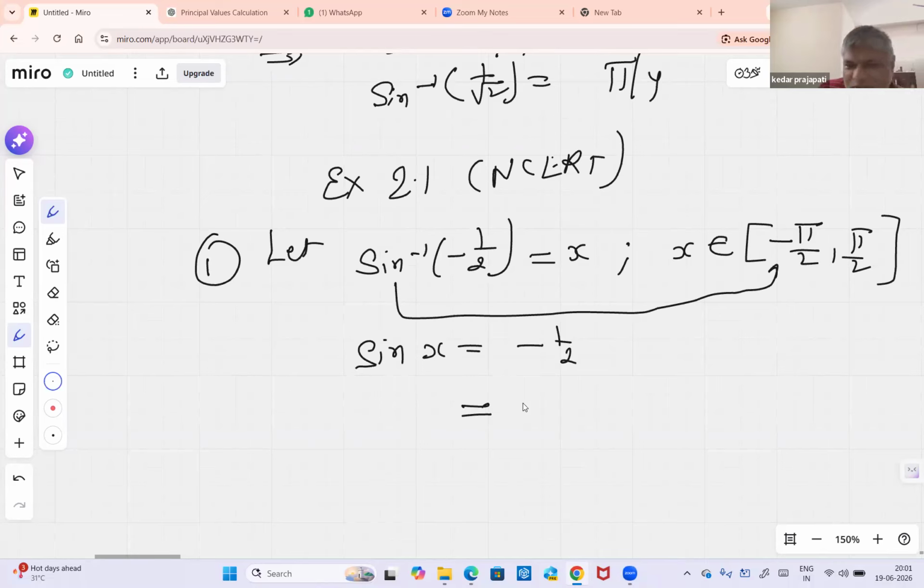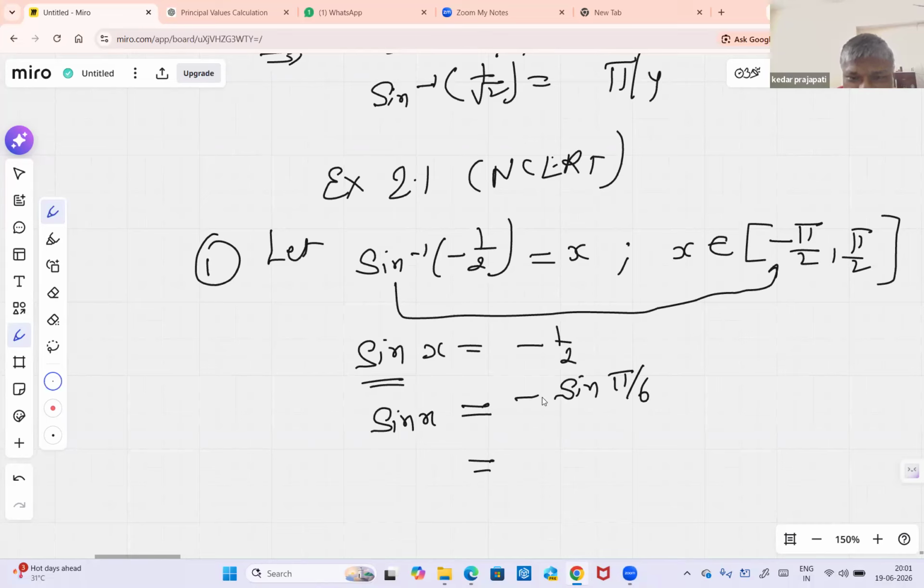How much is minus half? Sine 30 degree is half, so I will write sine pi by 6. Here this side entity is sine, but this side is minus, so we cannot equate.